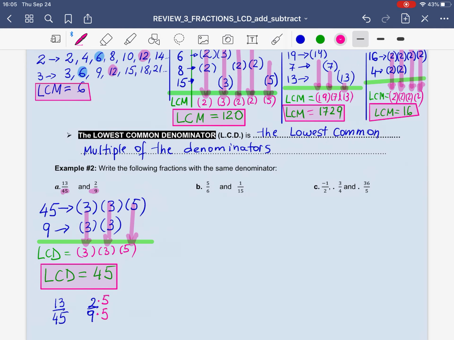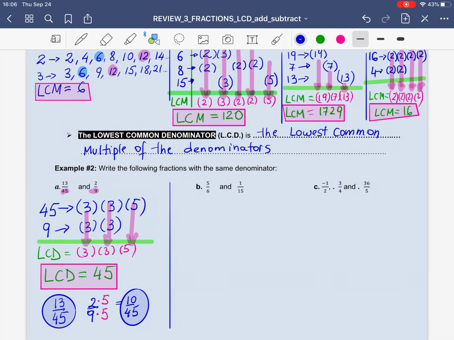Remember, in fractions, we need to do the same thing to both numerator and denominator. So that will change it to become 10 over 45. So we'll say that now these two fractions will have the same denominators.